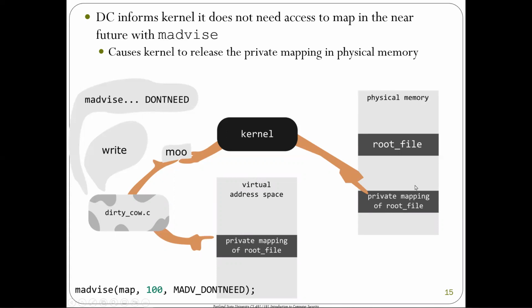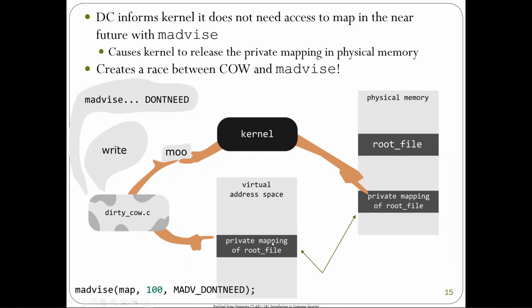Now it's making this copy, but the write is sitting here queued up because after the copy is done, it needs to write to that private mapping. But then underneath, Dirty Cow says, just kidding, didn't want it, release this thing. And it does. There's a race now, between when this finishes and when this gets deleted.